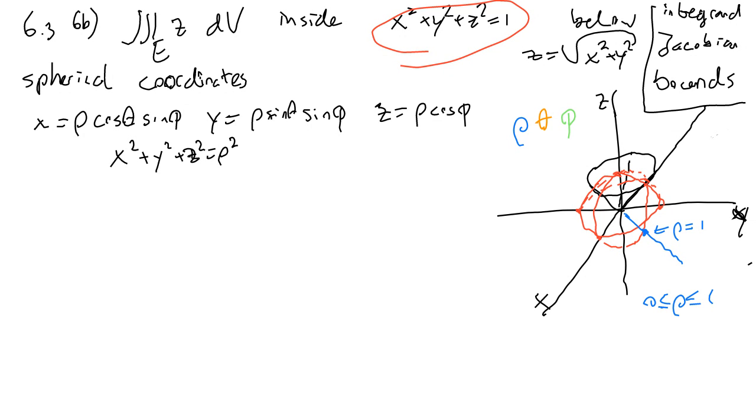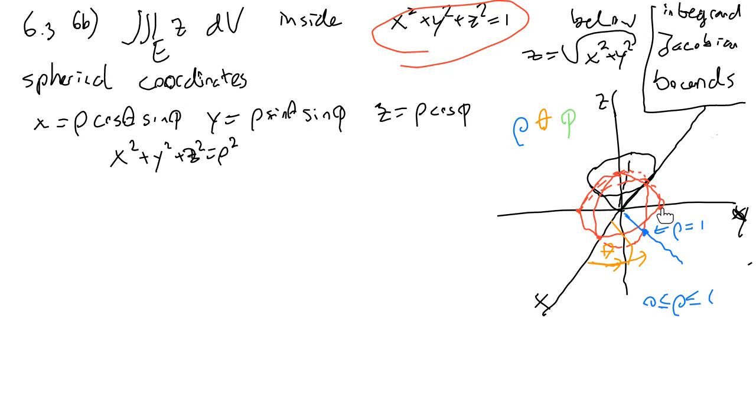Theta is the angle on the xy plane, so that's going to be this angle over here. It's important that you know what all these variables represent. Now we can see in the picture that we go all the way around because we are inside the sphere and below the cone.